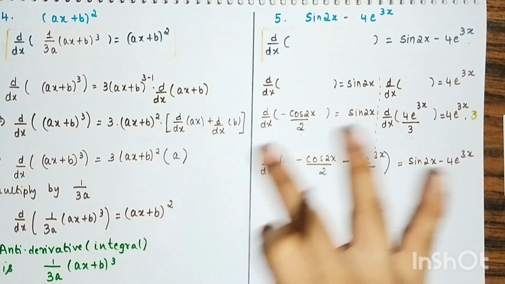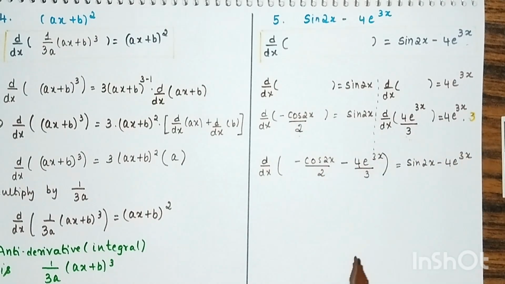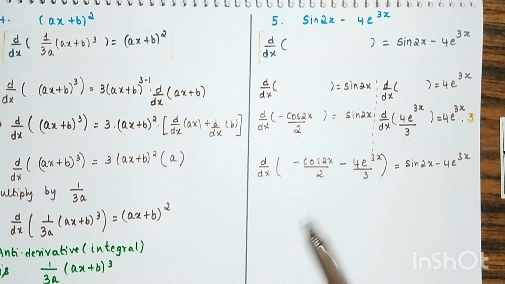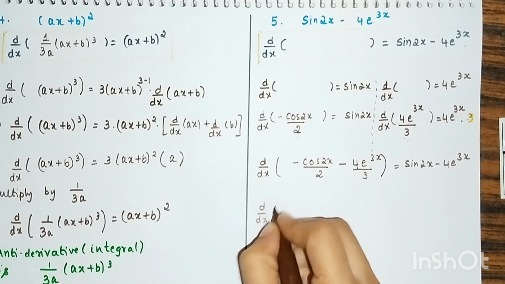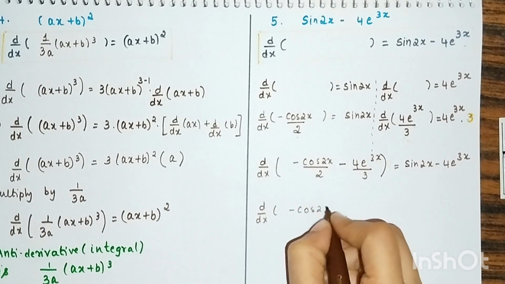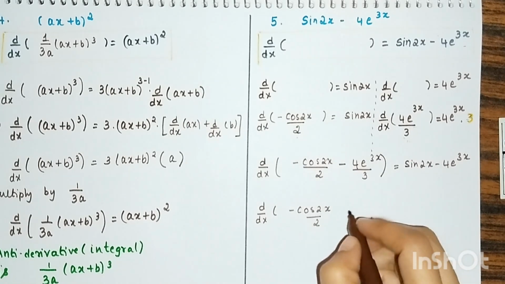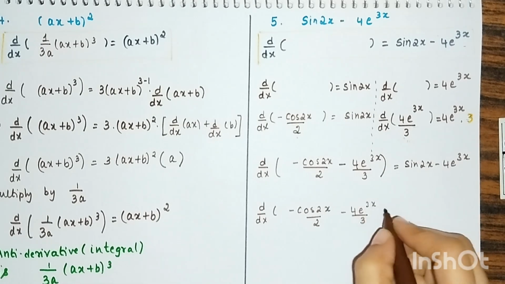But now the question is, why didn't we do it together? Why do we have to do it part by part? If you do it together, what will happen? I'll write that step. d by dx of minus cos 2x by 2, and here you will have minus 4 into e power 3x by 3.